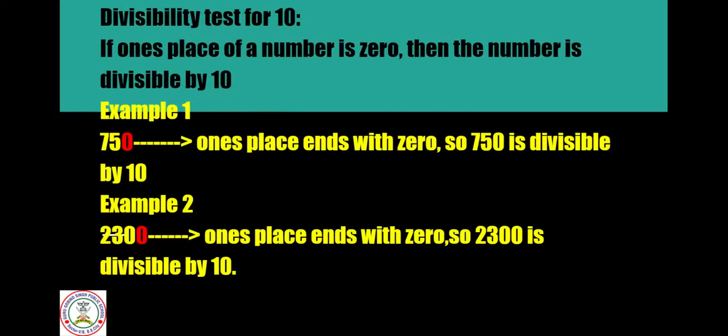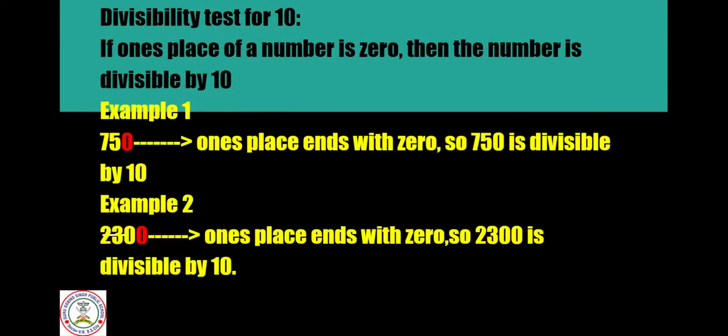Divisibility test for 10. If the ones place of a number is 0, then the number is divisible by 10. Example 1. 750.